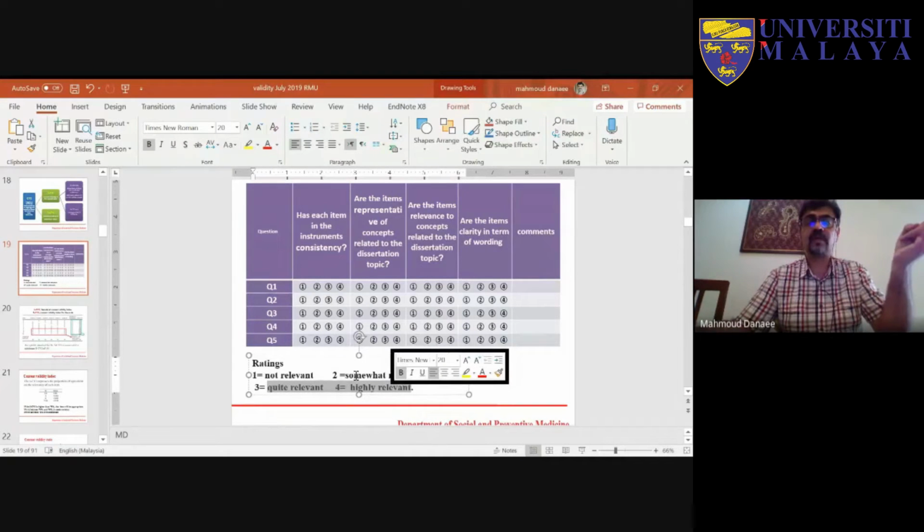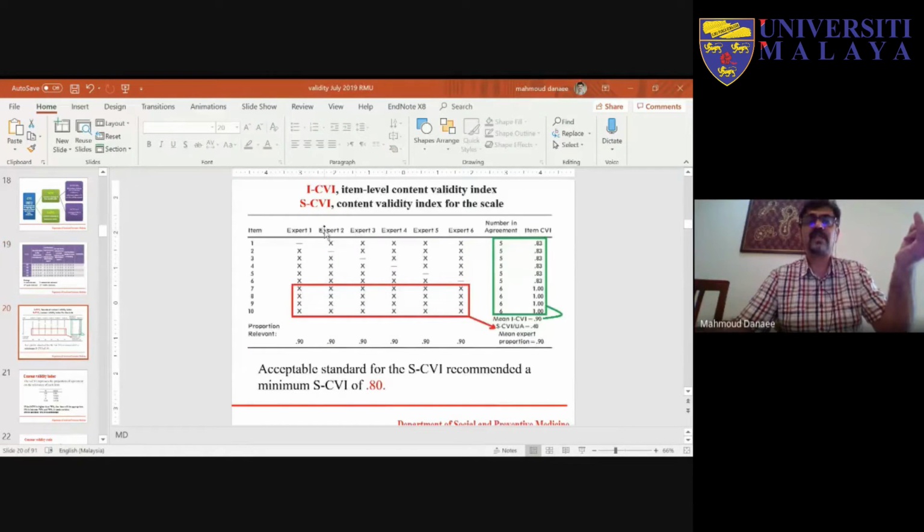That is how we code the data. So that codes can be used for calculation of the CVI. A rank of 1 or 2 is considered 0, meaning not accepted, and if they rank it 3 or 4, we consider it accepted.